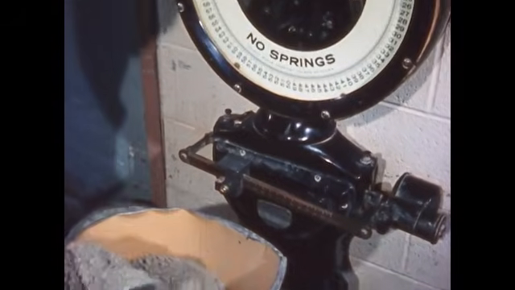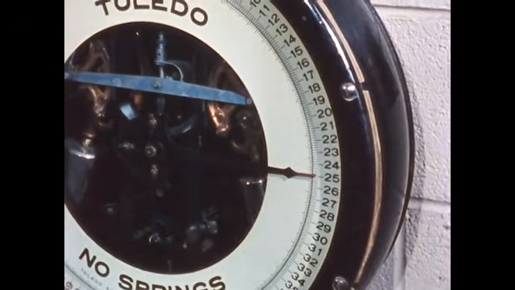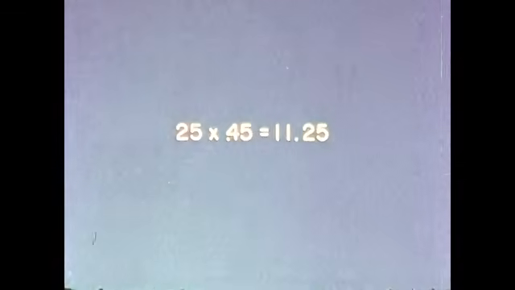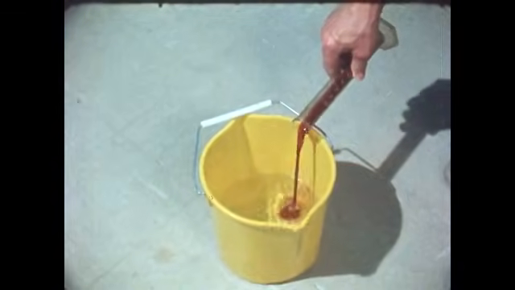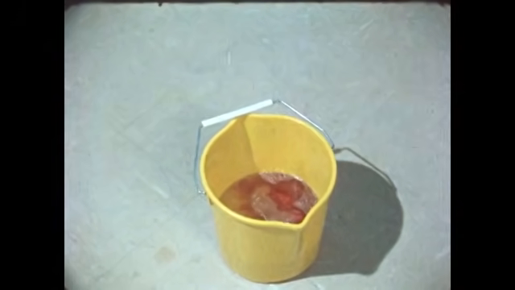Next, the mix design is tested by making a small trial batch using 25 pounds of cement as a convenient measure. To arrive at the proper amount of water, multiply 25 by 0.45 pounds to obtain 11.25 pounds of water. The air entraining agent is added to the water.